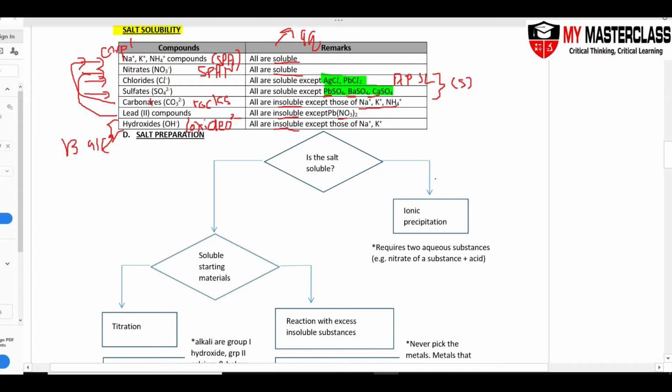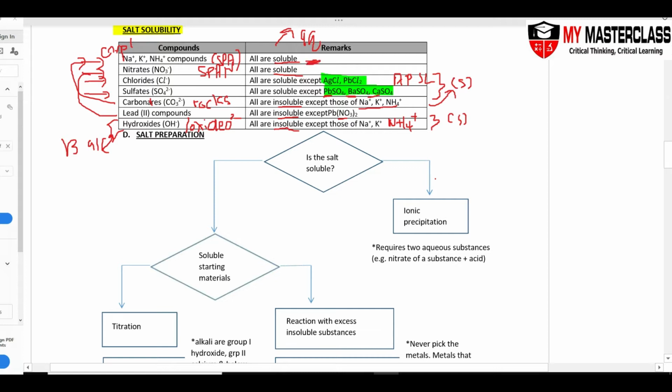Okay, oxides and hydroxides are all bases and they are insoluble, again except the sodium, potassium, ammonium. Okay, same thing, these are solid. Your carbonate also solid. Okay, the rest which are soluble, state symbol, please remember, we write them as aqueous.